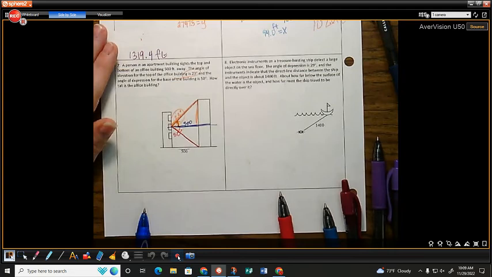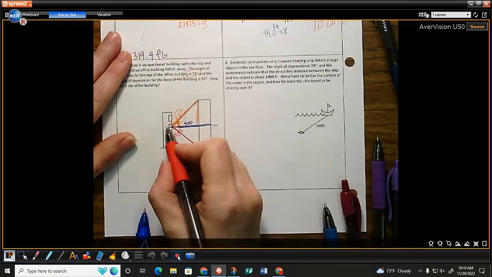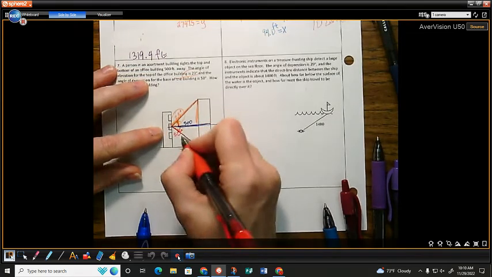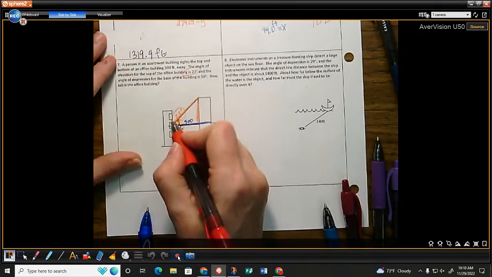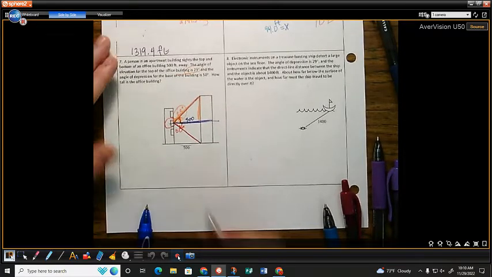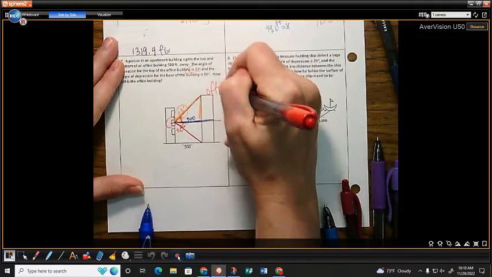Yeah, okay, well see, I'm glad you asked then so we could clarify. And then from where he's standing in his apartment here, the angle down is 50 degrees. No, that's his apartment. Yeah, his apartment is right here. And here's the office building he's looking at. So here's your office.